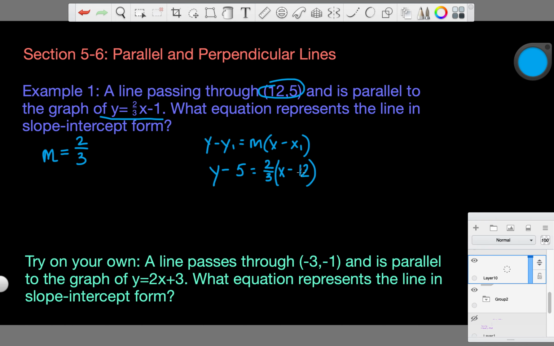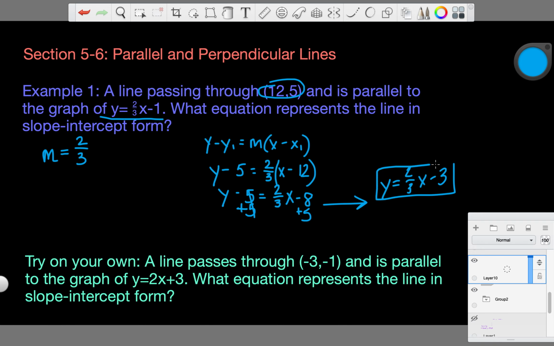We want to distribute the 2/3, so we get y minus 5 equals 2/3 x minus, and if you multiply 12 by 2/3, you get 8. We want to move this 5 over to the right-hand side, and we end up with y equals 2/3 x minus 3.